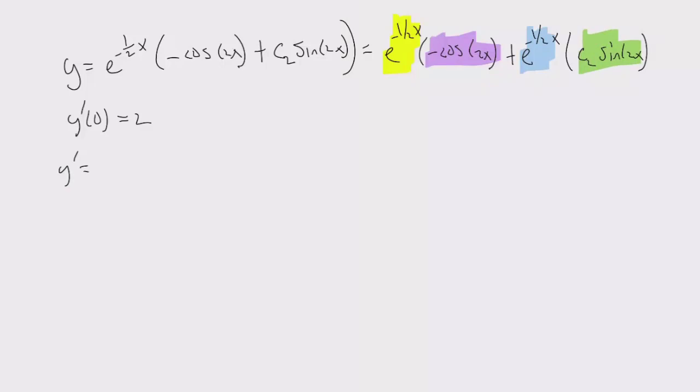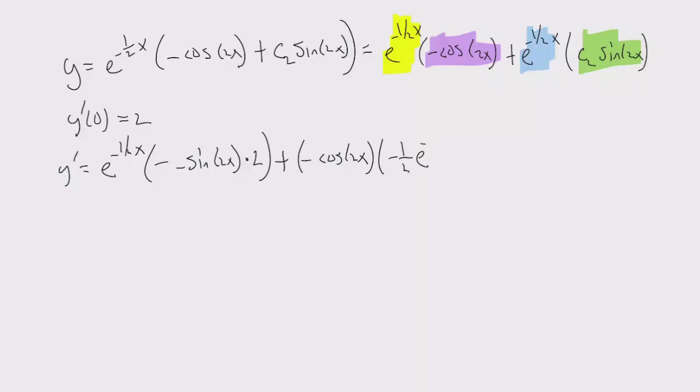Okay, so I want the first, e to the -1/2 x, times the derivative of the second. So derivative of negative cosine, well, derivative of cosine is negative sine. So negative sine of 2x times 2 because of chain rule. And then I want the second, negative cosine of 2x, times the derivative of the first, which is negative 1/2 e to the negative 1/2 x.